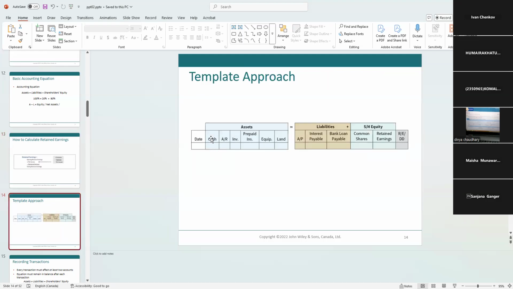So for the assets, we're gonna show cash, accounts receivable, inventory, prepaid insurance, equipment, land. For the liability, we're going to show accounts payable, interest payable, bank loans payable. Common shares, retained earnings will be the section for the shareholders' equity. And that retained earnings is going to come from the revenue expenses, which is going to show net income less the dividend declared.